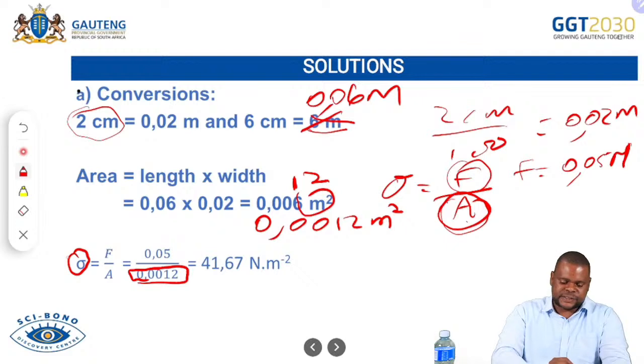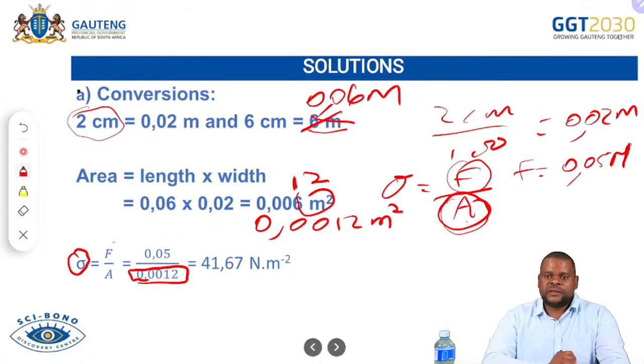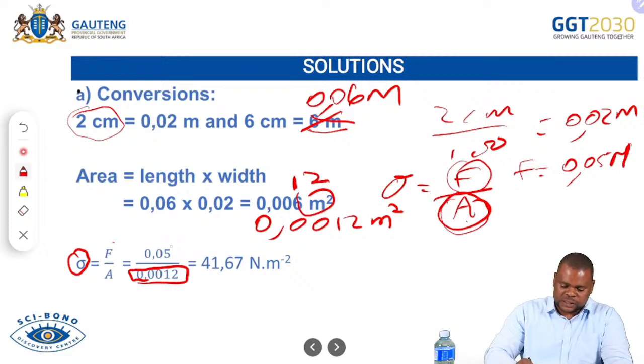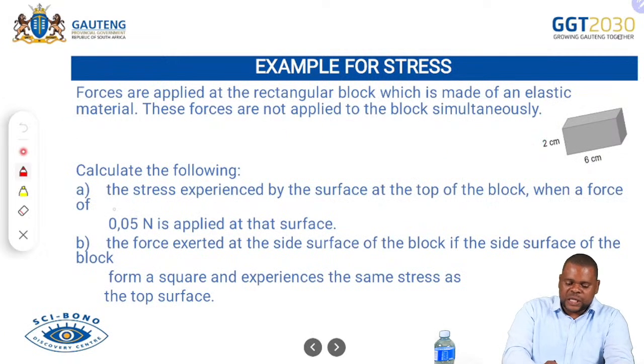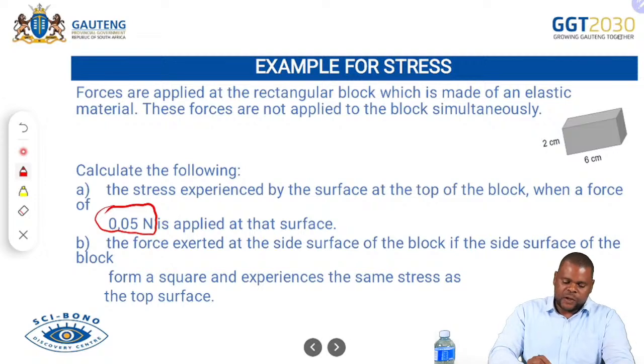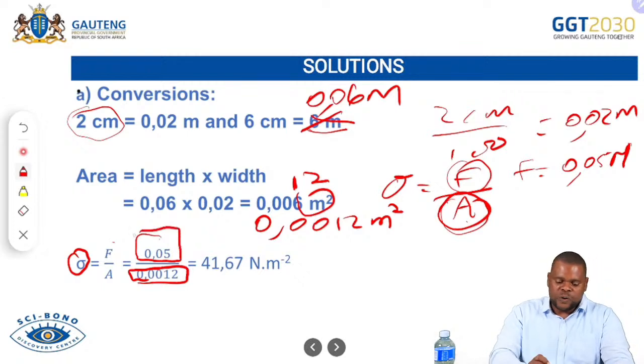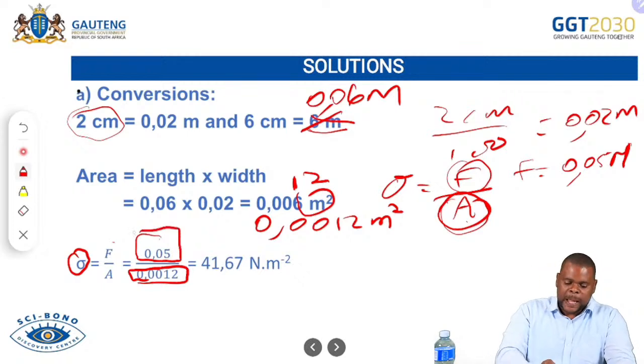Then now, because we have our area, we can use our force that is given to calculate the stress. We say stress is equals to force divided by area. We're given that the force from the previous slide is 0.05 Newton. We take the 0.05, we put it there because it's our force, and we take the area that we calculated.